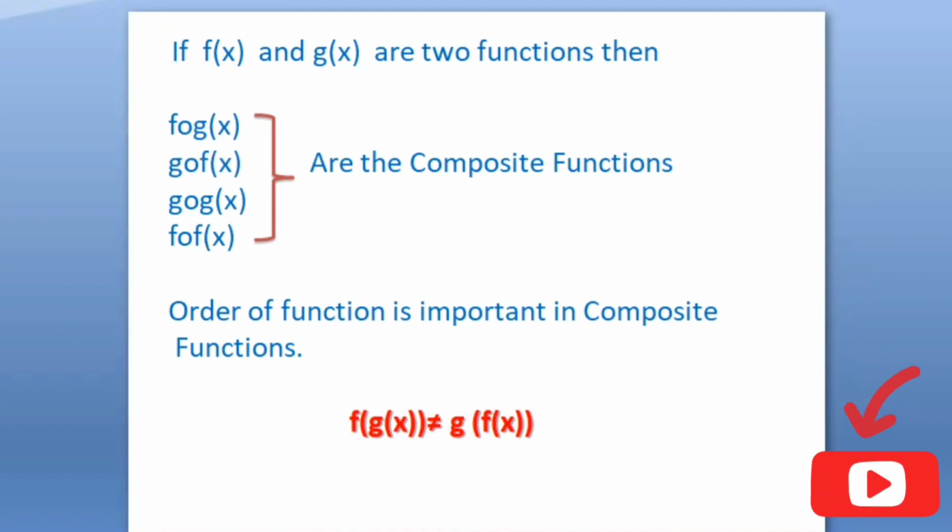So the composition of functions is when we combine two functions and get a single function. The product we get from this composition we can call the composite function.